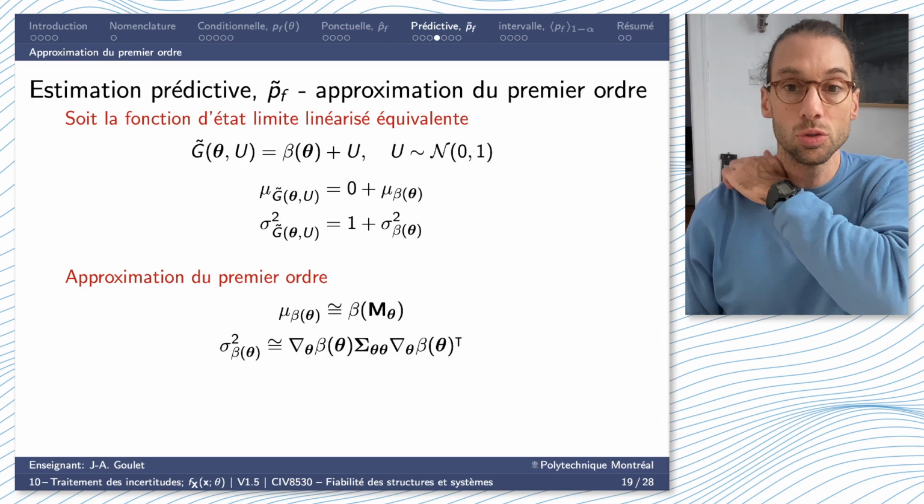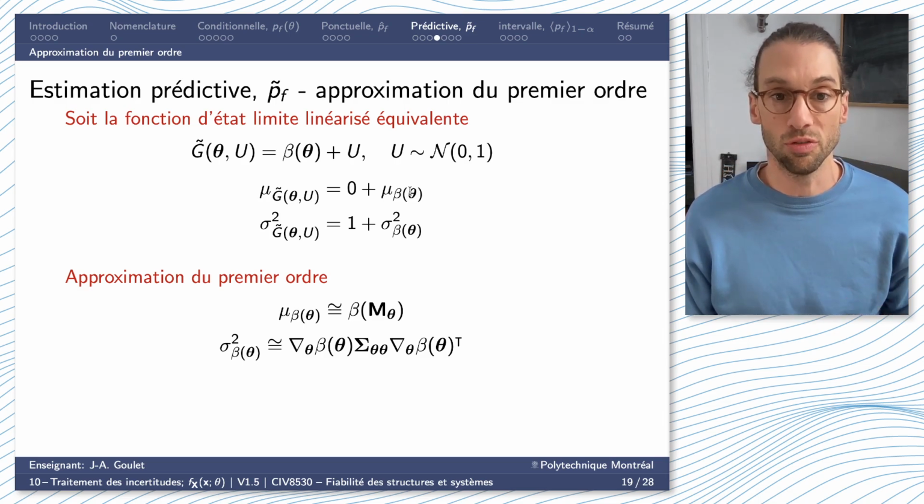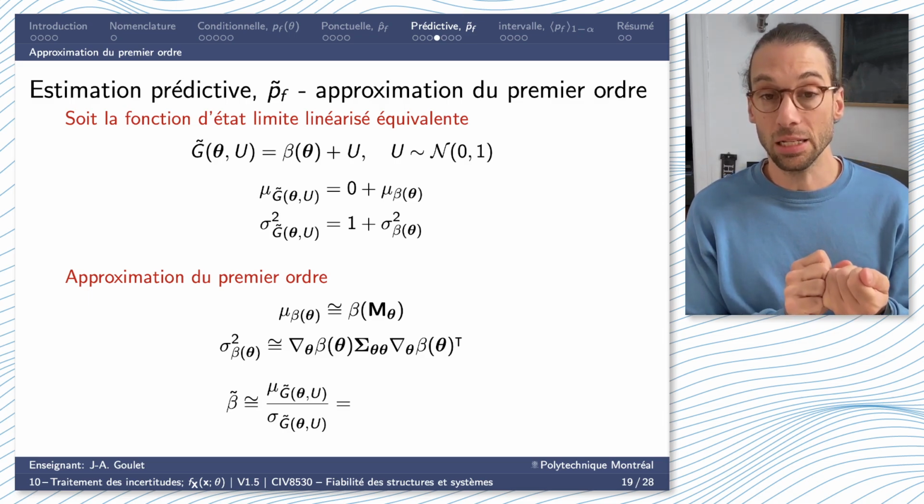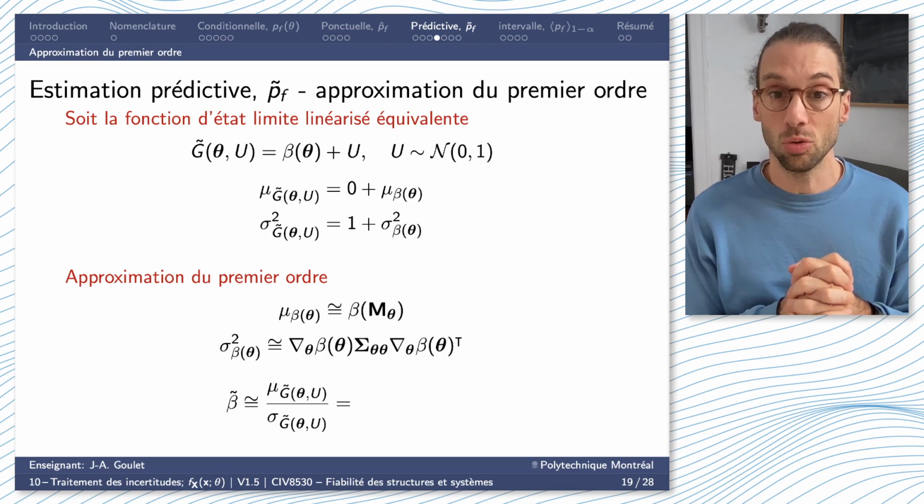If I want to use my first order approximation to evaluate that mean and variance, the first order approximation for the mean is going to be the mean evaluated at its expected value for the parameter theta. For the variance, it's going to be the gradient of beta with respect to theta times the covariance of theta times gradient transpose. So then my predictive reliability index is going to be the ratio between these two quantities.